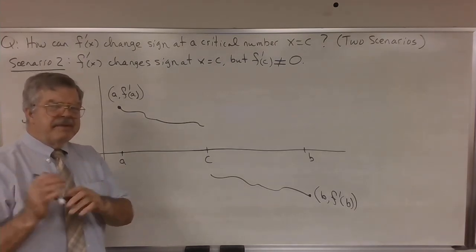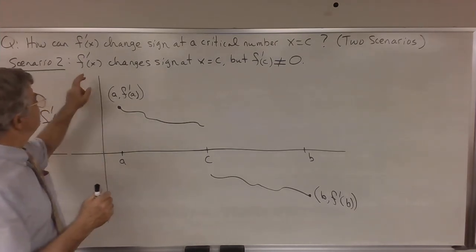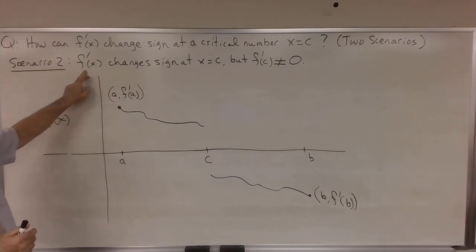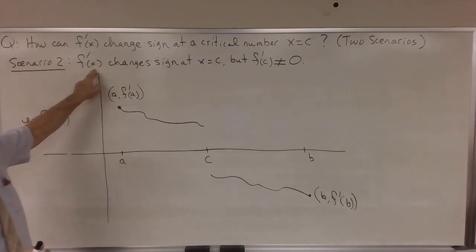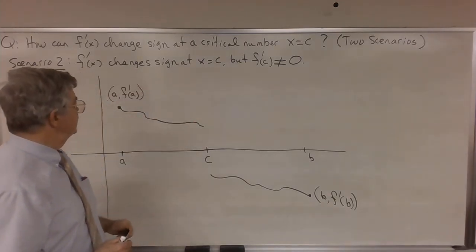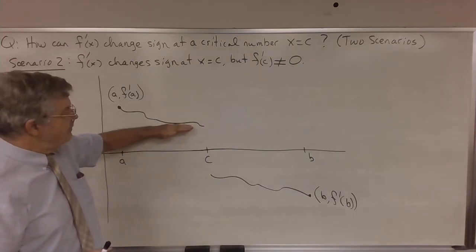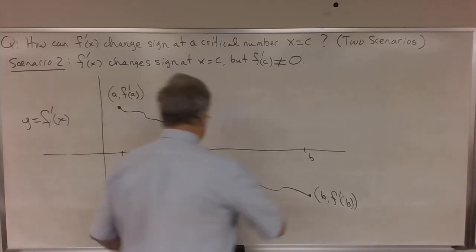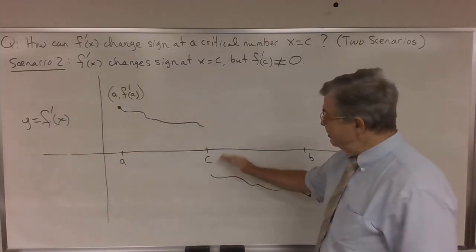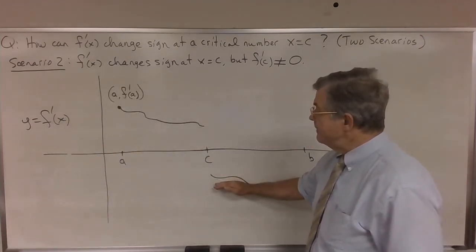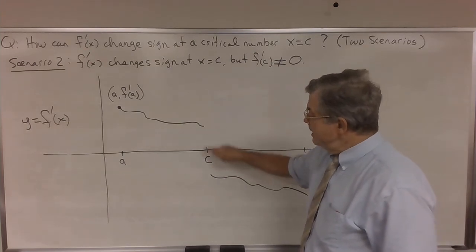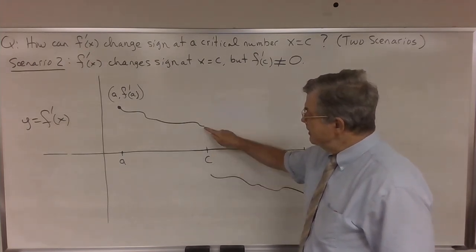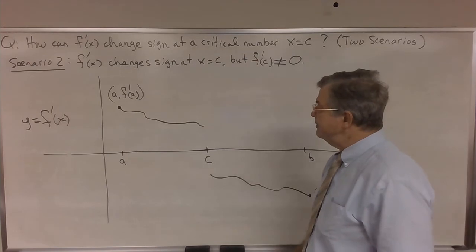Well, let's go back and see what it is that we're assuming here in scenario 2. F prime changes sign at x equals C. So here the graph of the derivative is above the x-axis. And here the graph of the derivative is below the x-axis. So yeah, right here the sign of the derivative does change from positive to negative.